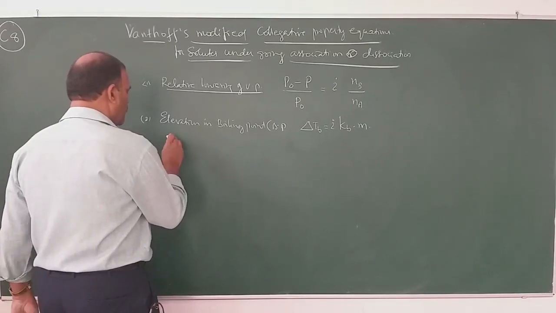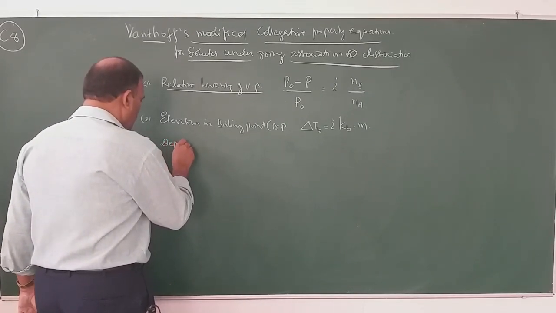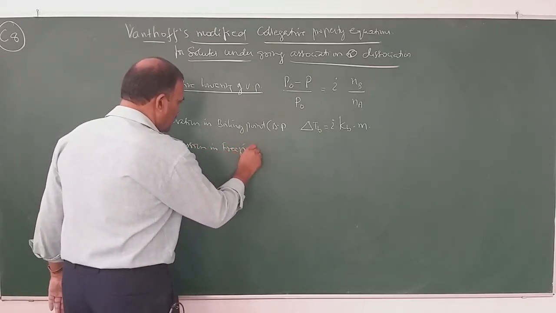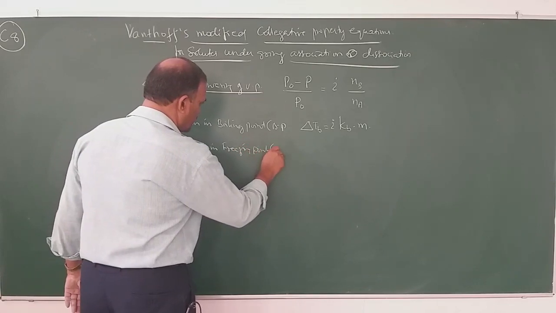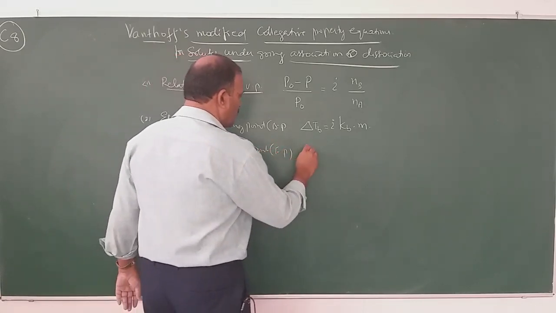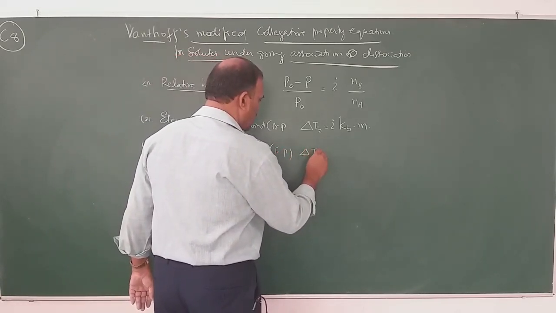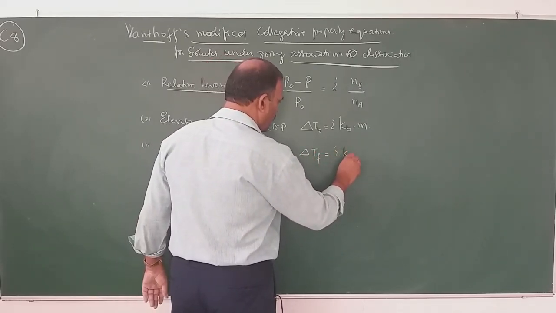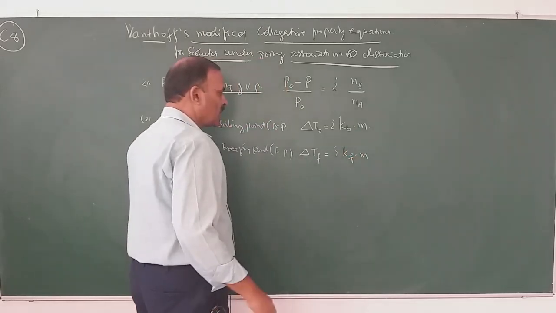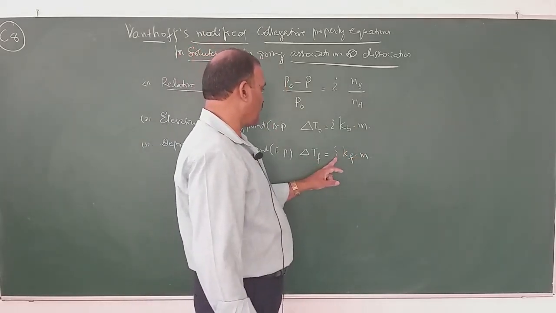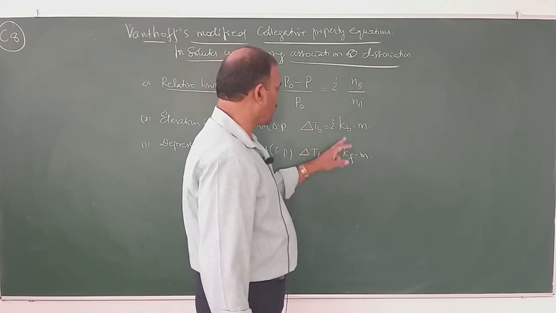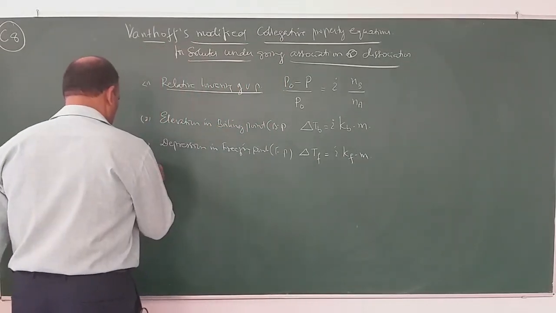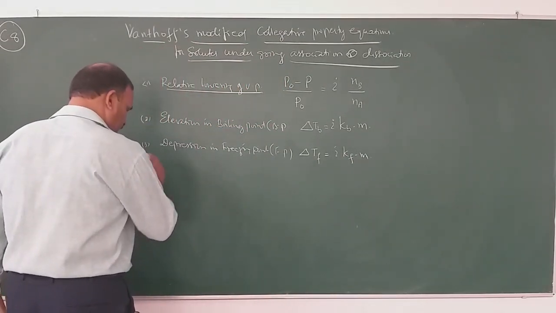So third one, depression in freezing point. So this is designated as delta Tf. Depression in freezing point is equal to i into Kf into m, where i is the Van 't Hoff factor, Kf is the cryoscopic constant and m is the molality of the solution.